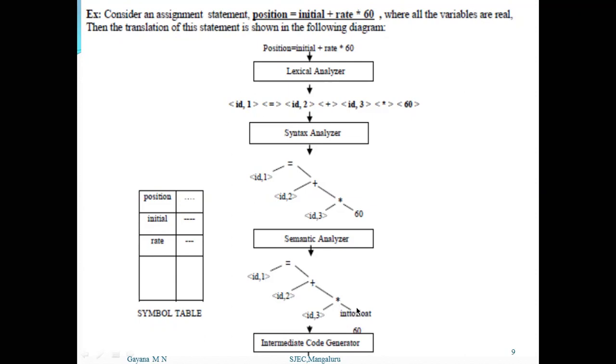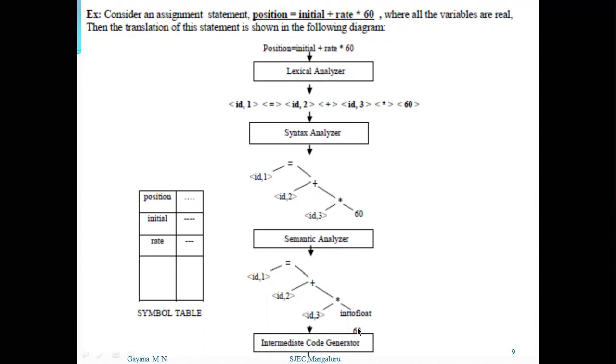One point you can note over here is that the positions of the left operand and the right operand are not supposed to be changed. If you consider multiplication, its left operand is ID3, which is nothing but rate itself.